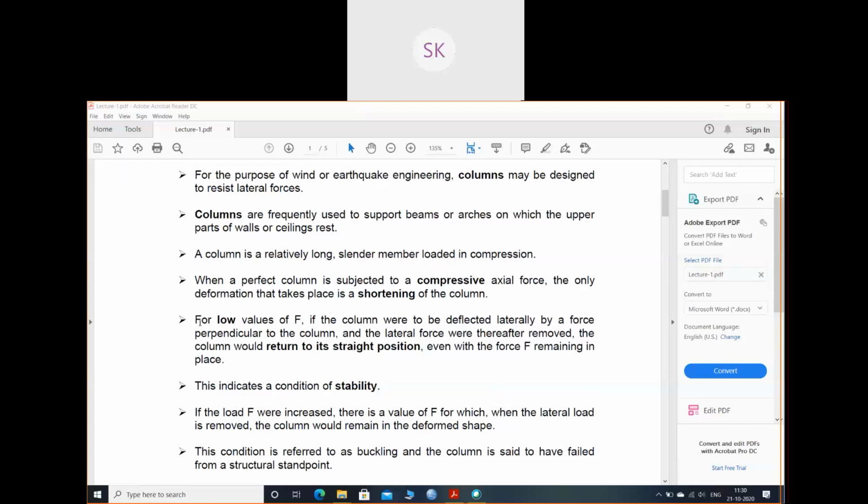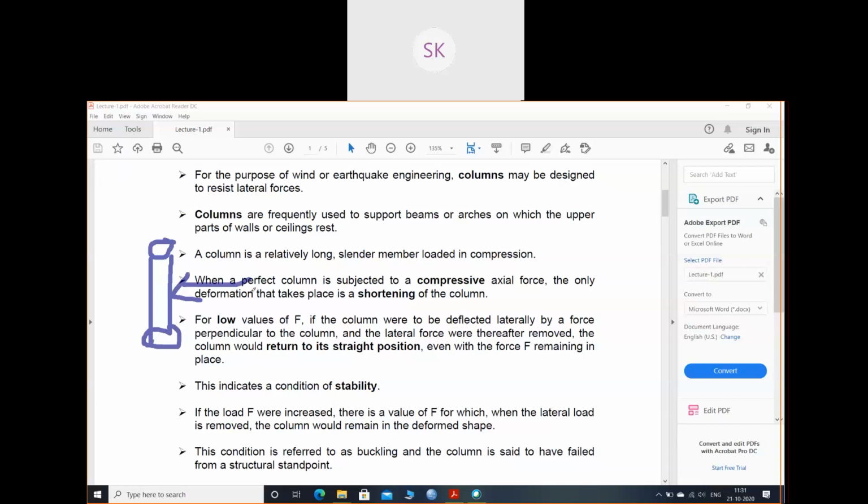Okay. So for low values of F, that is for a low value of load, if the column were deflected laterally, suppose this is your column. Let me note. If you provide a lateral load to the column, by a force perpendicular to the column, I'm applying a load, this is called lateral load.